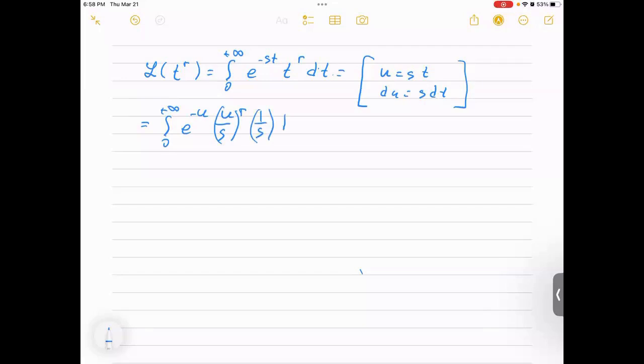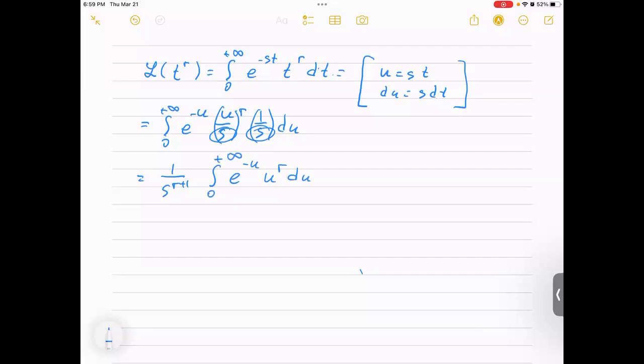We can factor s outside, so we get 1 over s to r plus 1 outside. Inside we have the integral of e to the negative u times u to r du from 0 to plus infinity.